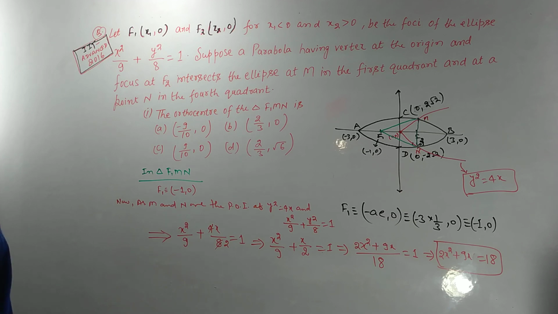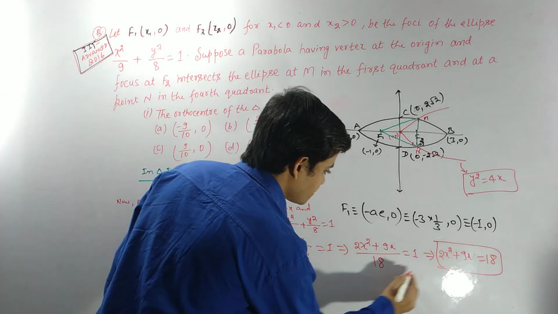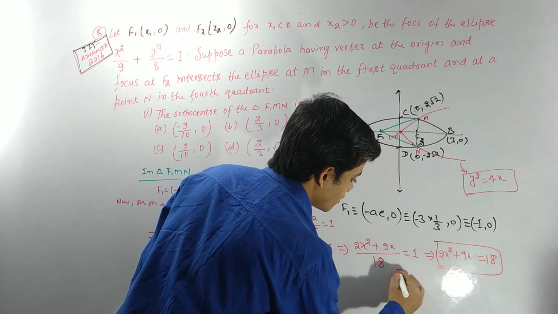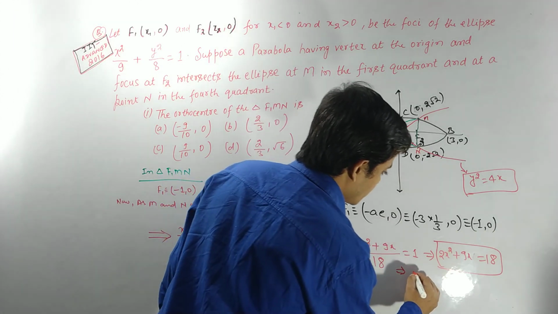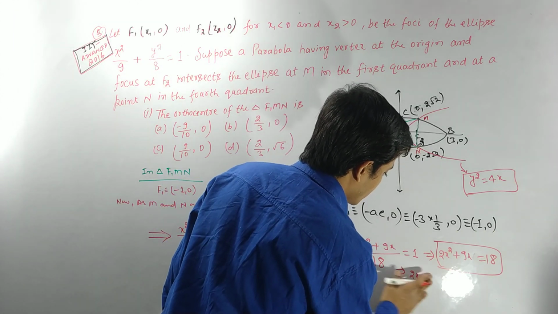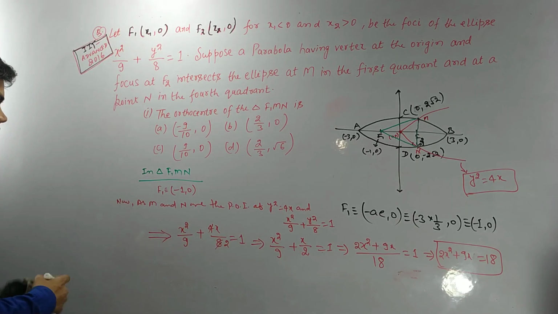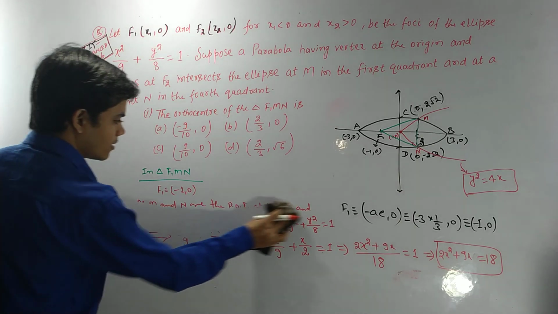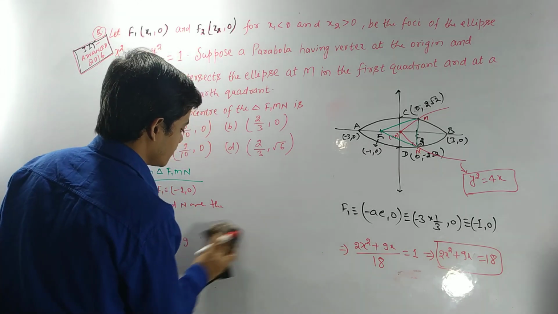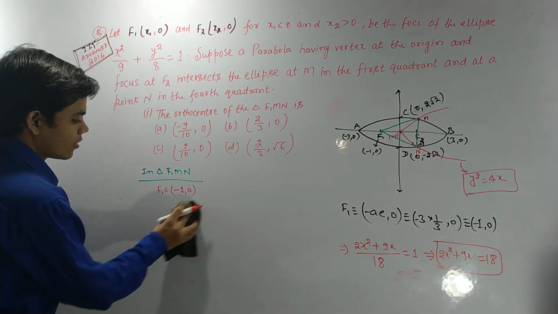I think you understand all these things up till here. So from this equation, 2x square, let me write here again. Let me rub this.